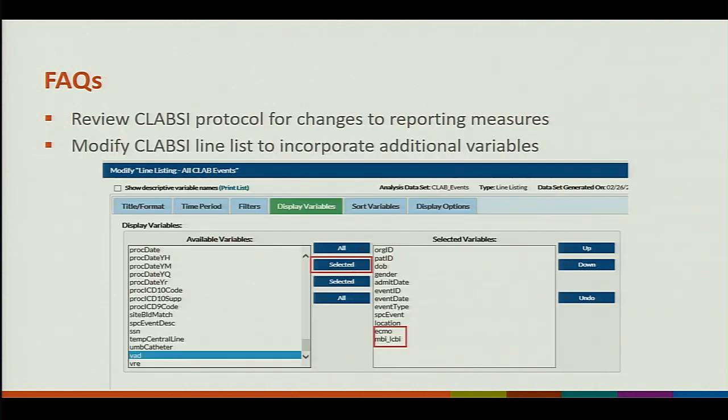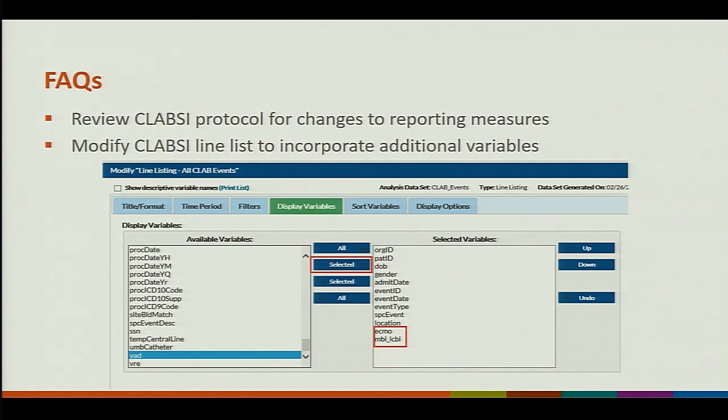So before answering the questions, the first thing we would troubleshoot was, have there been any protocol changes for why certain events may be excluded from the CLABSI calculation? And as you all may be aware, ECMO, VAD, and MBI LCBI events, CLABSI events, are not included in the CLABSI numerator.